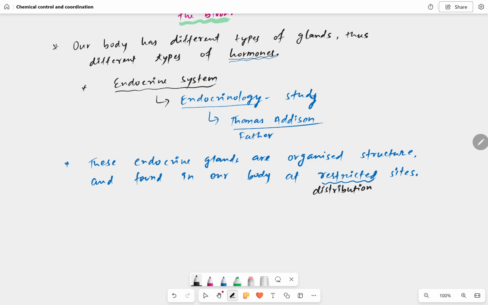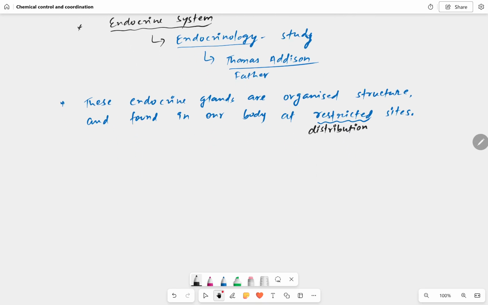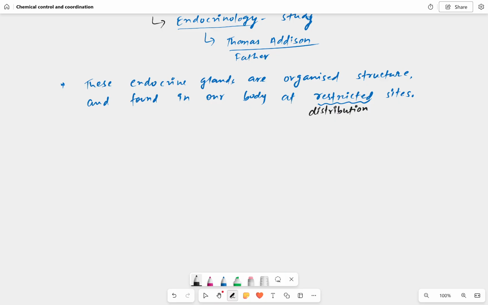They are not scattered here and there in our body, rather they are localized at a particular site. That's why we say these are organized structures restricted to certain locations.